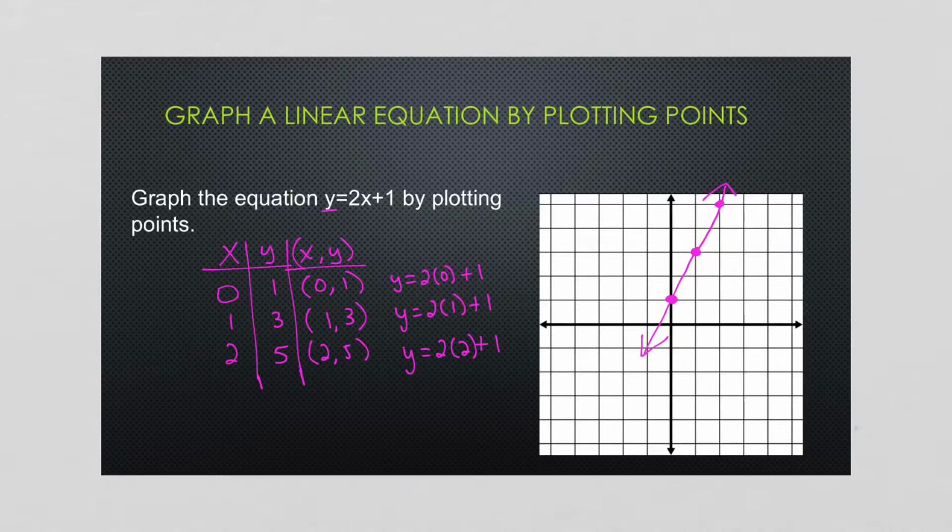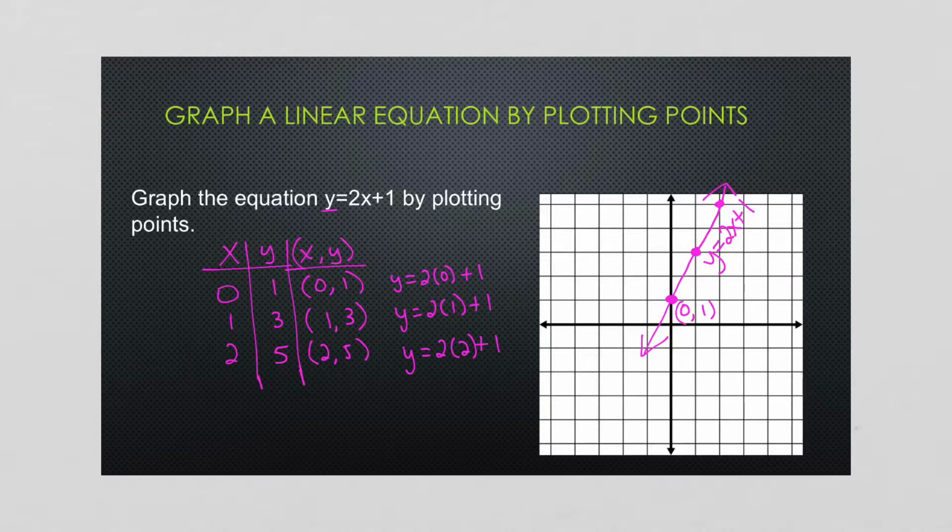The math department here really does like for you to label key points on the line. So they would like for you to label maybe your y-intercept here, and also write the equation of the line below it. That's something that future math teachers will probably be looking very closely at.